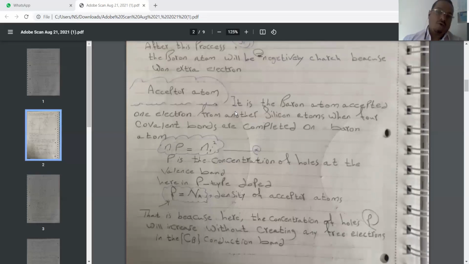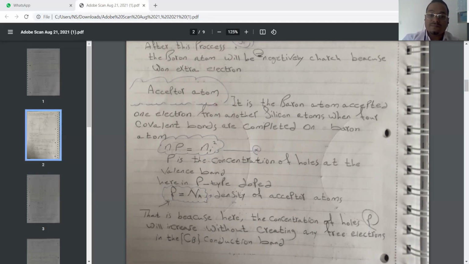After that, let's focus on a simple function, but at the same time it is very important. Like we know, n is the concentration of electrons in the conduction band, p is the hole concentration in the valence band, and ni squared, the intrinsic concentration squared, equals n times p.